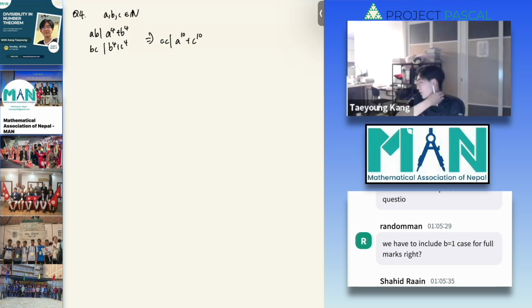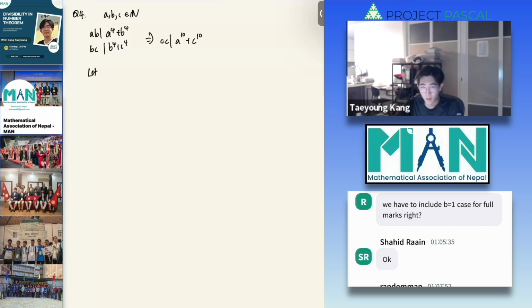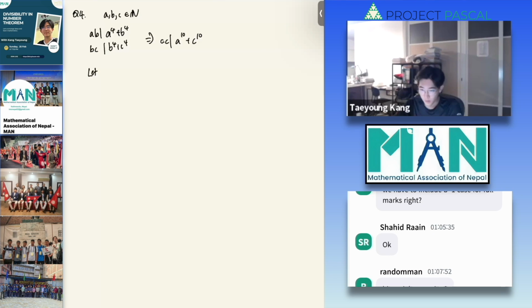So let the GCD of A, B, C be equal to x, for example.